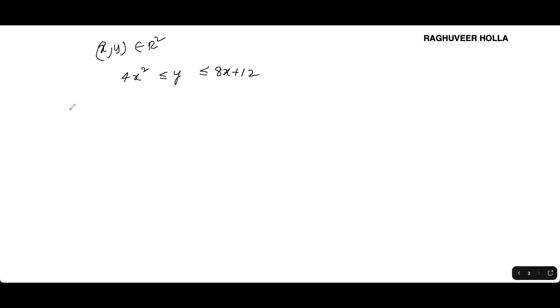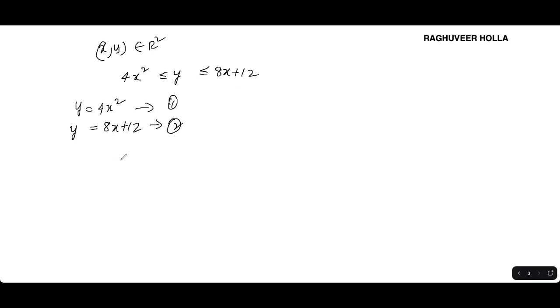So this means that y is equal to 4x square and y is equal to 8x plus 12. We get these from this inequality.